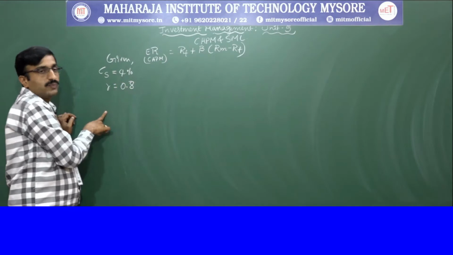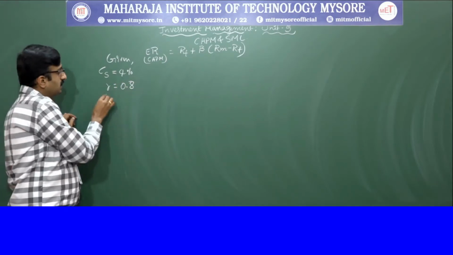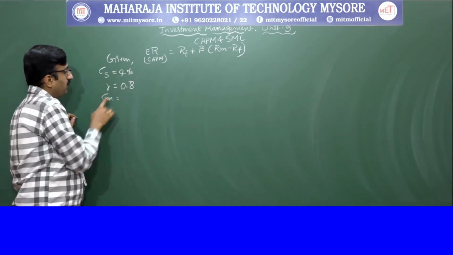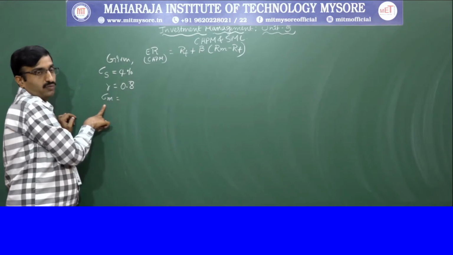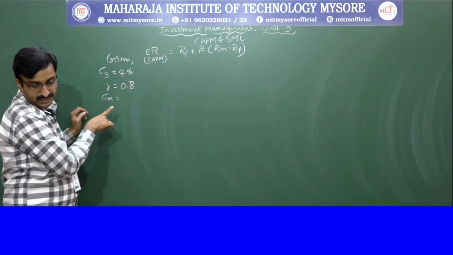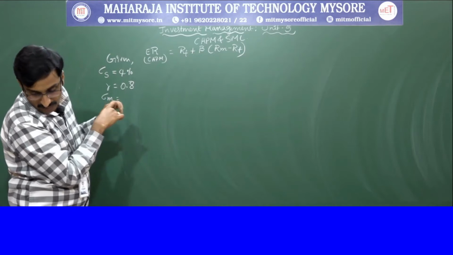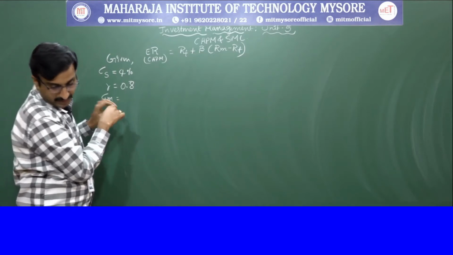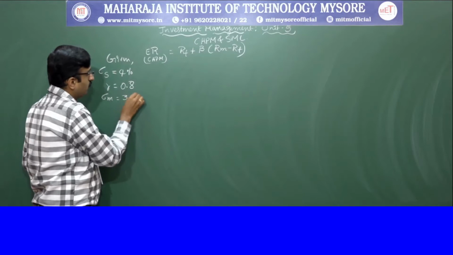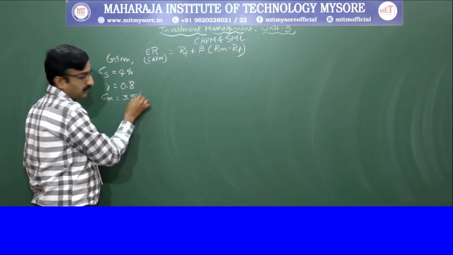The standard deviation of M, the risk on the market portfolio, is 3.5%.